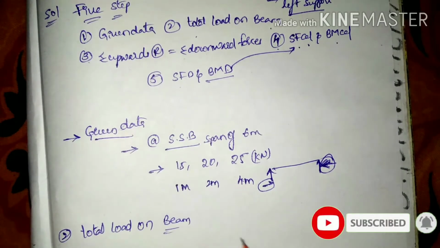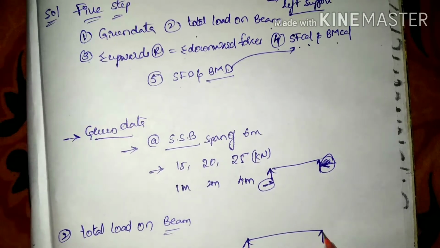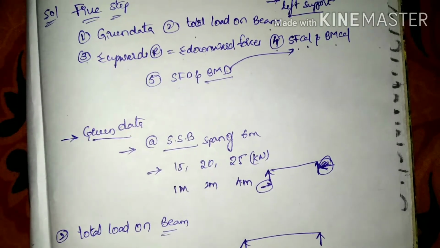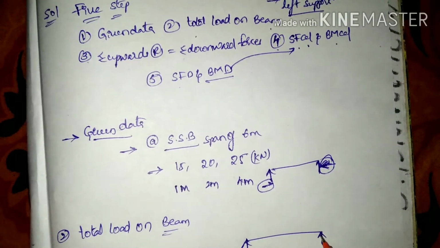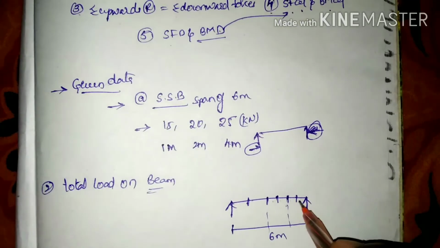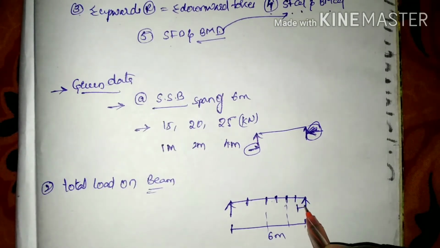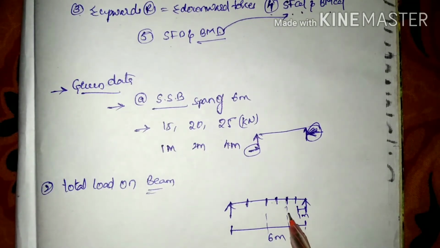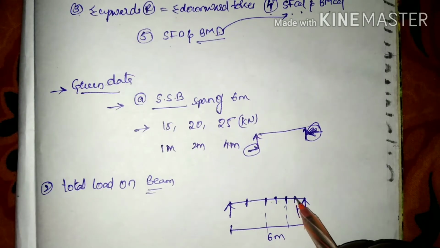Here this is our beam carrying a span of 6 meters, and let us divide this into 6 parts. Let us consider this as 1 meter, 2 meters, 3 meters, 4 and so on.